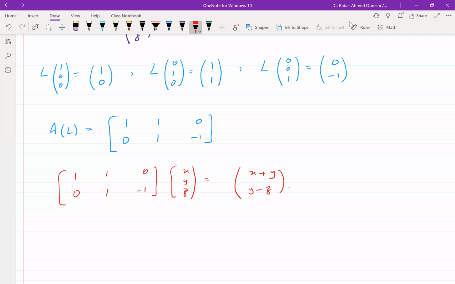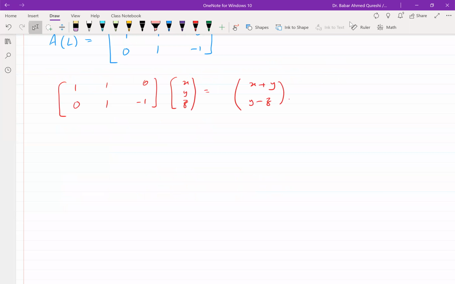But by the way, this gives us another very important idea. Since I can write any vector, expand any vector in a basis, I don't even have to take the standard basis. Let's say this is a basis.